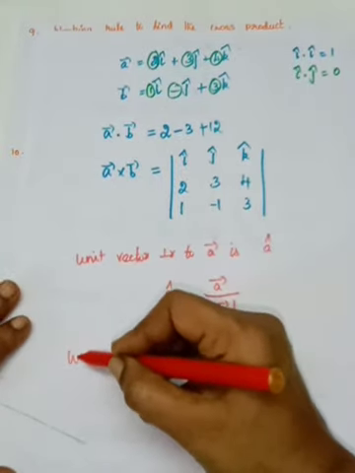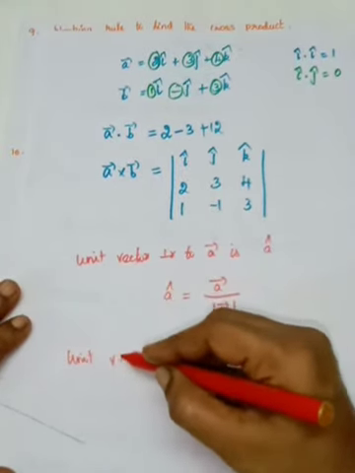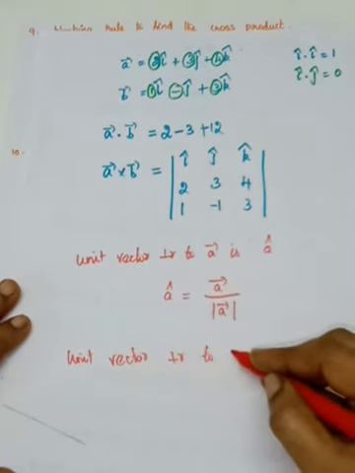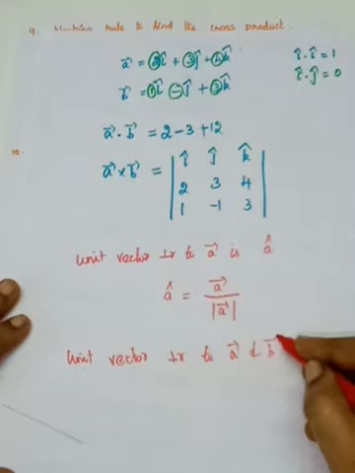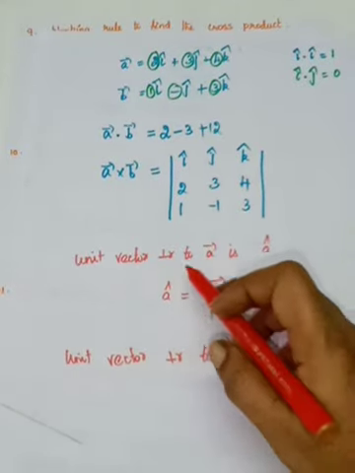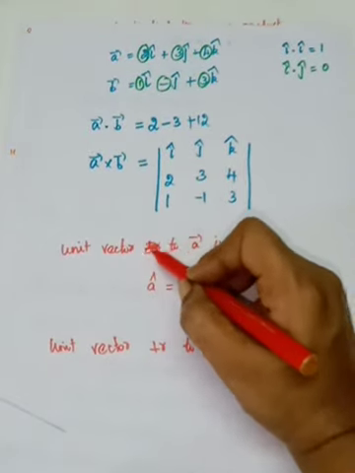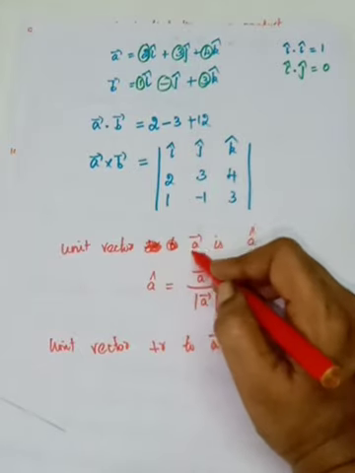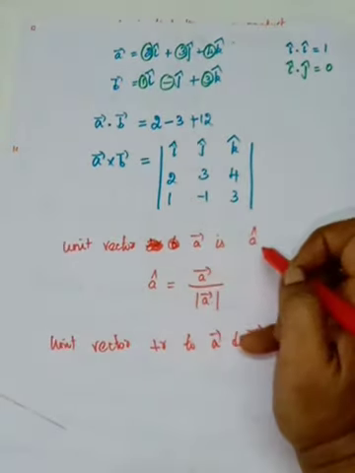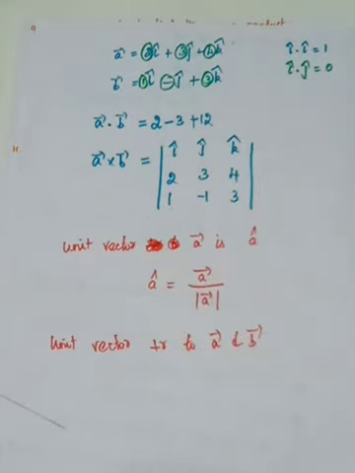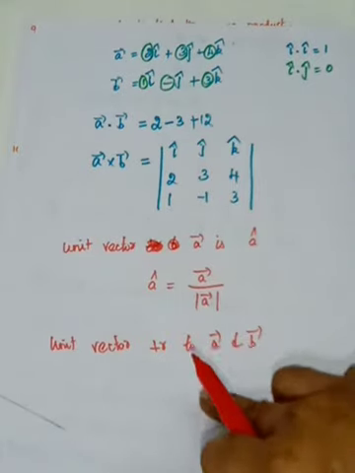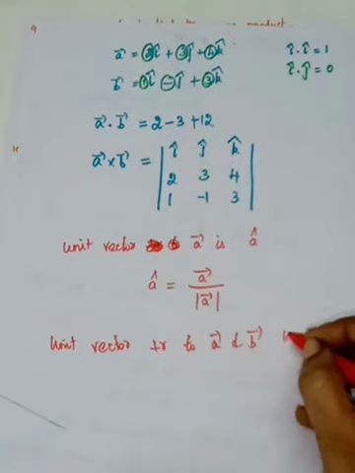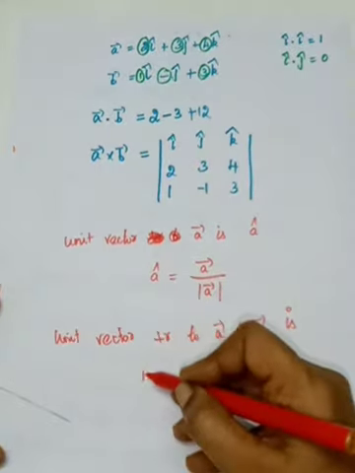Here I made a mistake: the unit vector of a vector is a cap, and it need not be perpendicular. But here we are going to find the unit vector which is perpendicular to a vector and b vector, which is nothing but n cap.